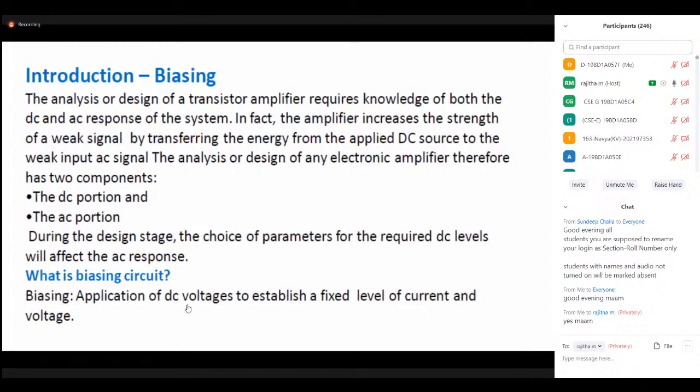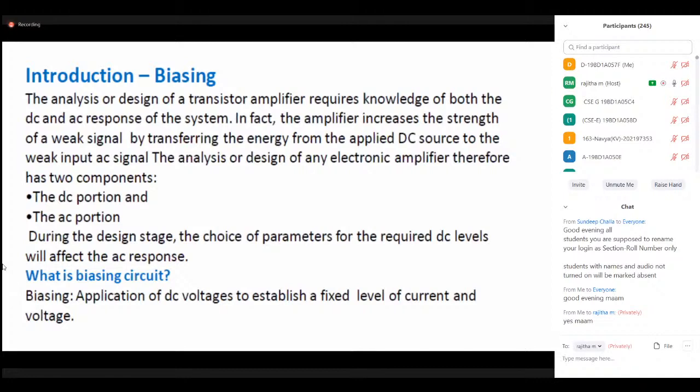That fixed level of current is known as the quiescent values. The fixed levels of your currents and voltages are known as the quiescent values, which are denoted with VCQ as well as ICQ. And these are not due to your applied AC signal.